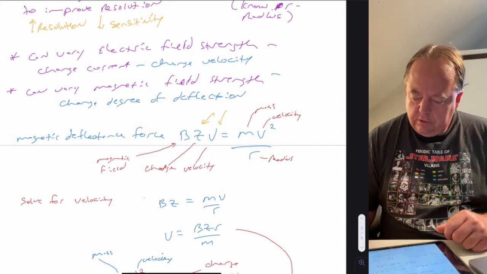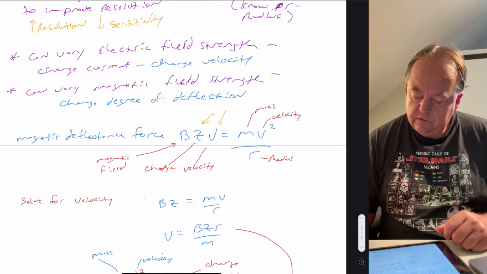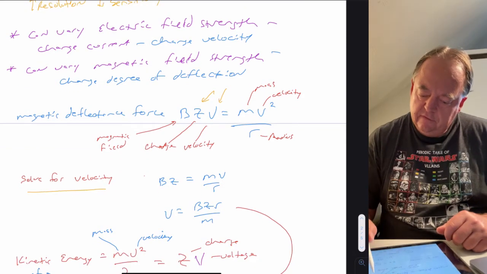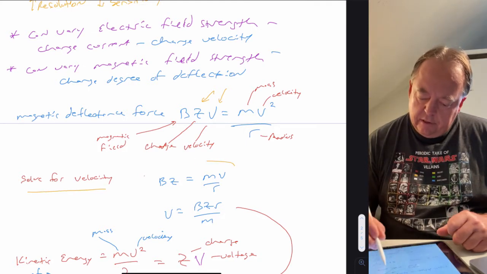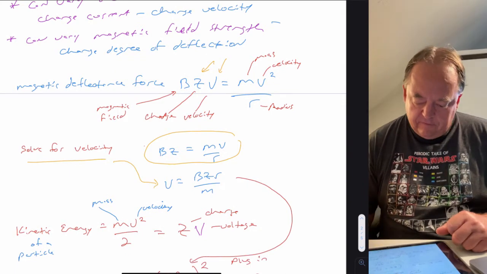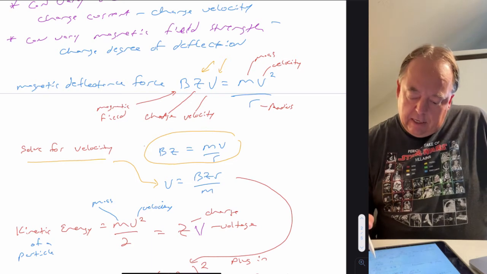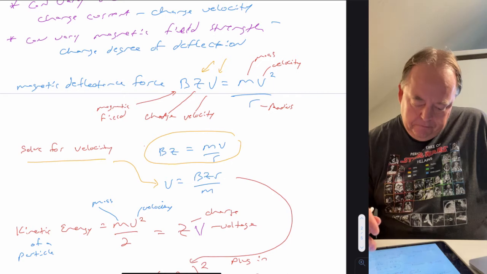And that is equal to the mass times the velocity of the particle divided by the radius that the particle is traversing. If we solve for velocity, the two V's can cancel each other out to simplify the equation a little bit. Rearranging to solve for V, velocity is equal to the magnetic field times the charge times the radius divided by the mass of the particle.